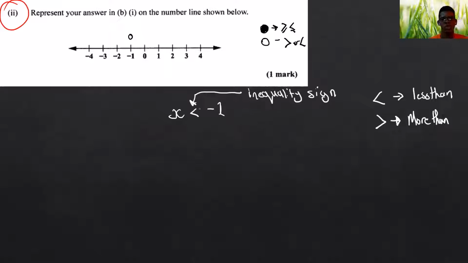So just remember to look at the sign to note whether you're going to fill the circle or not. That is about it. Once you know it's less than, it just means it's going in this direction. You put your arrow from your circle in there and write x is less than -1. That is all. Any questions?